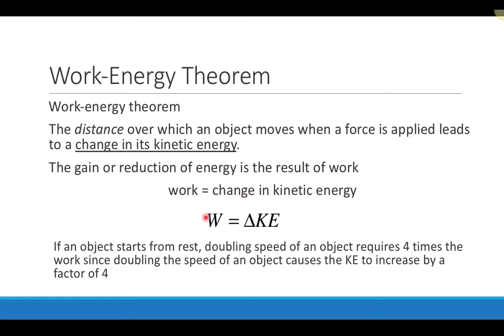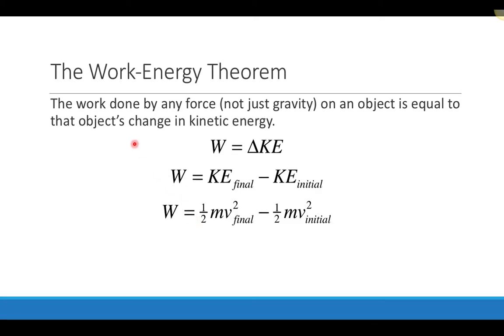But let's focus more on this work-energy theorem, or work-energy relationship, and let's see how we could apply this. So the first thing is that we could write out what change in kinetic energy is. The work here is the work done by some applied force on an object, and the end result is a change in kinetic energy.